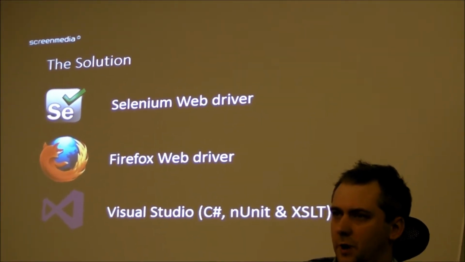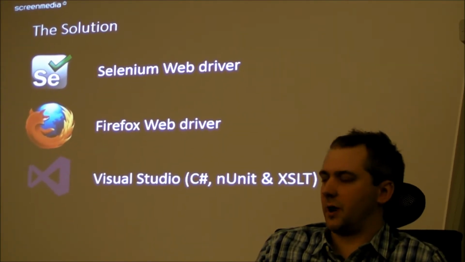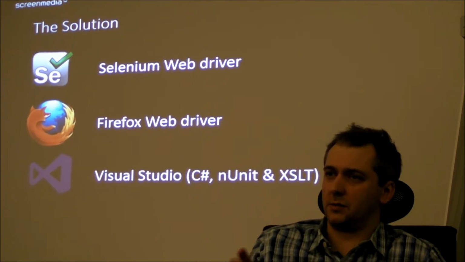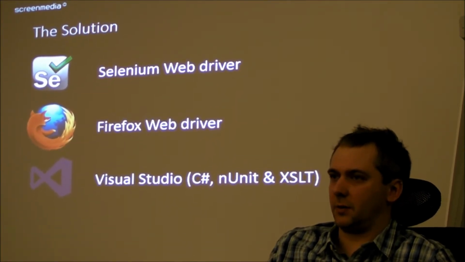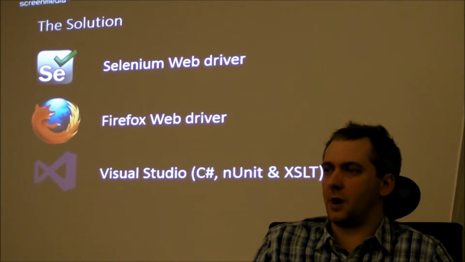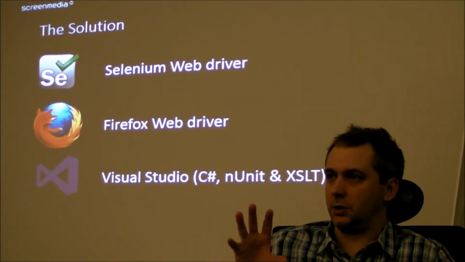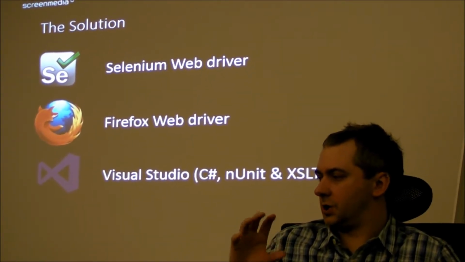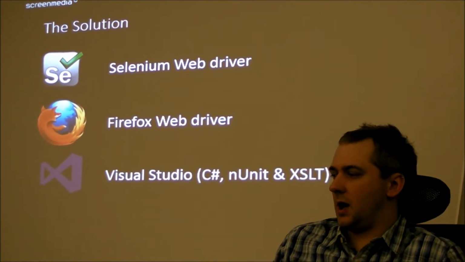In Visual Studio, you write in C#, but by using XSLT XPath to select objects on the page. So as you would create an XPath query to select something from the old Umbraco XML, you do the same thing on the actual page that you view. And so this is the technology behind it.